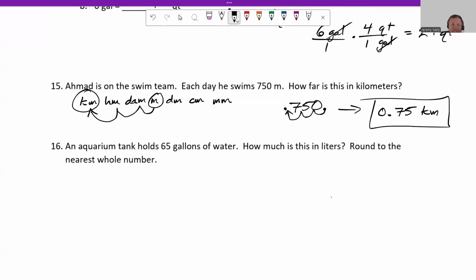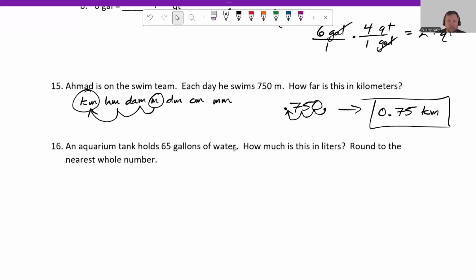An aquarium tank holds 65 gallons of water. How much is this in liters? Round to the nearest whole number. Okay, so if we want to go from gallons to liters, gallons, that's in English units, liters, that's metric.